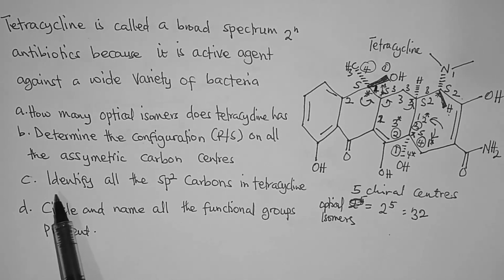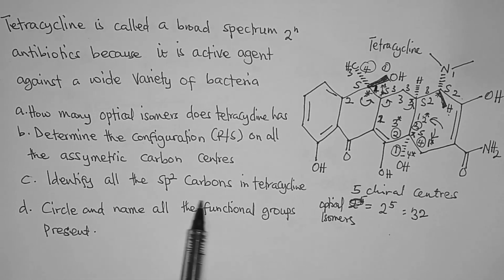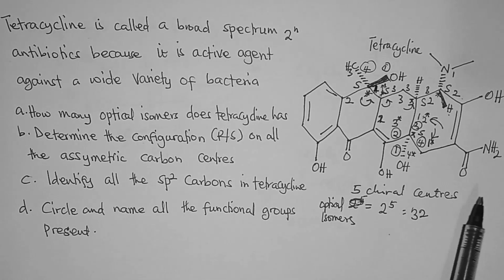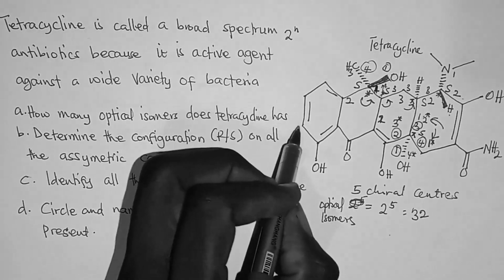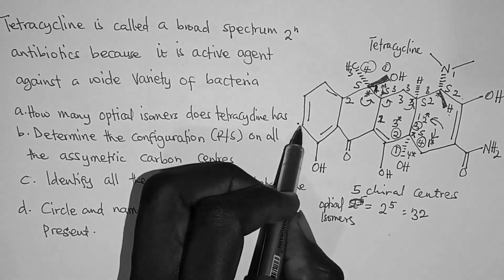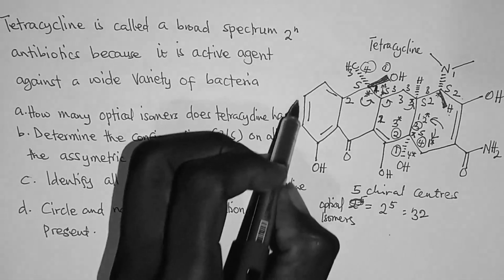And the C part says that we should identify all the sp2 carbons in tetracycline. So in identifying the sp2 carbons, what we need to consider is the carbon double bond. So you see that this carbon is doubly bonded. So this is a double bond. This also.